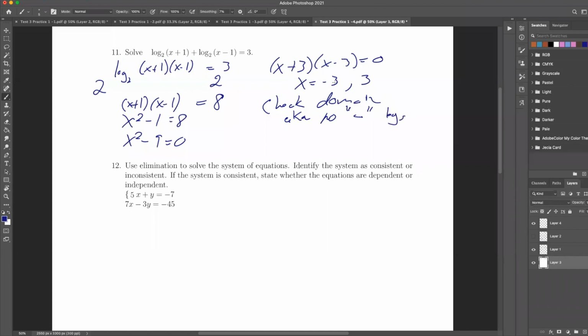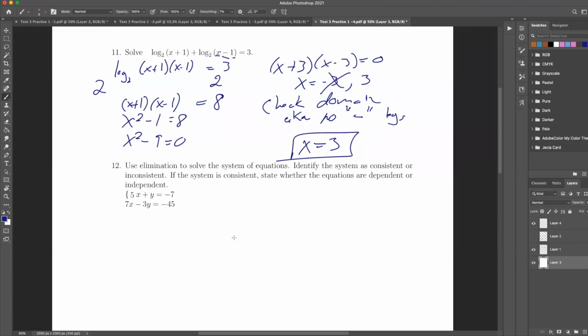So here, if I take negative 3 and plug it in here, I'm going to have negative 3 minus 1, which would be minus 4, which does not work. So I cannot have this one. Negative 3 doesn't work. 3 works because 3 is 4 and 2, and so 4 and 2 work fine. Negative 3 does not work because it gives me a negative log, so it's not in the domain. Okay. And so the answer here is only x equals 3.